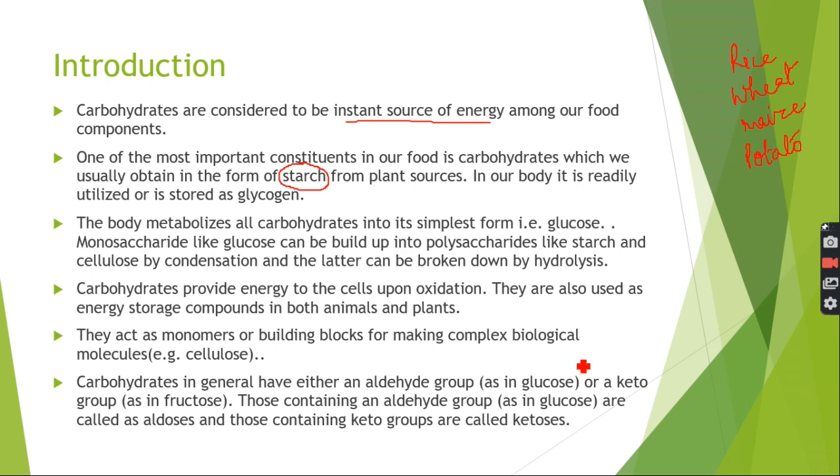So starch is probably one of the most dominant or popular types of carbohydrate, and it is obtained from plant sources. In fact, amongst food items, this is the most important type of carbohydrate that we are consuming.